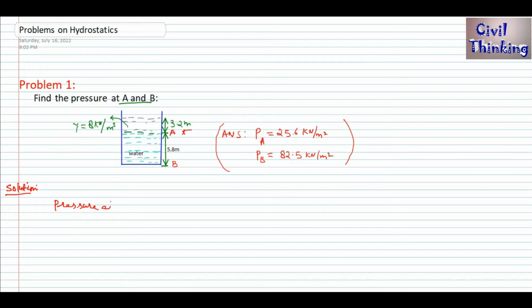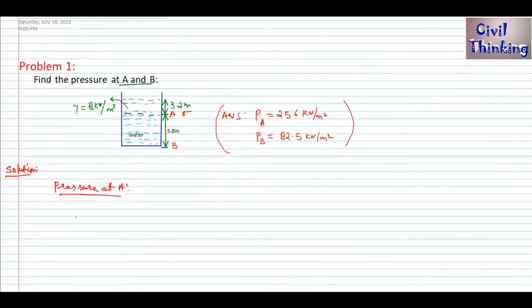Pressure at A. We know the pressure at A is equal to the unit weight of the unknown fluid multiplied by its height. Here the unit weight is 8 kilonewton per meter cube, and the height is 3.2 meters.